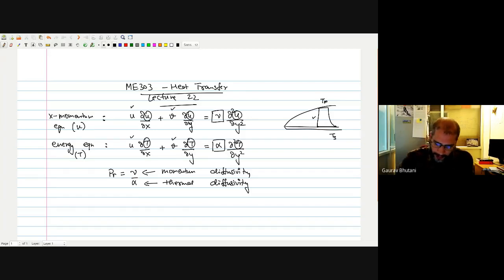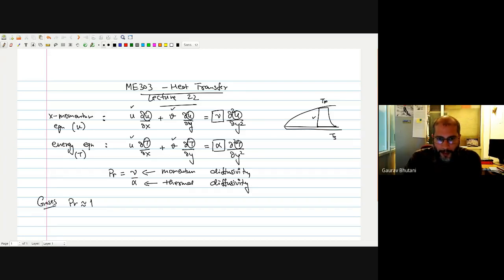So let's take an example of a situation where my Prandtl number was close to 1, which is the case, in fact, for gases.